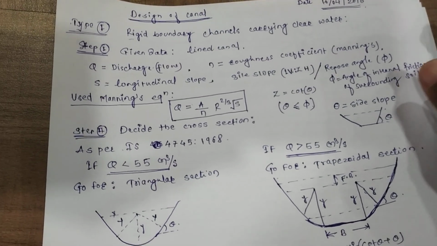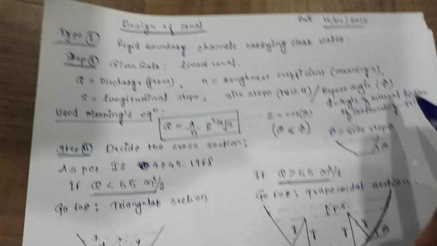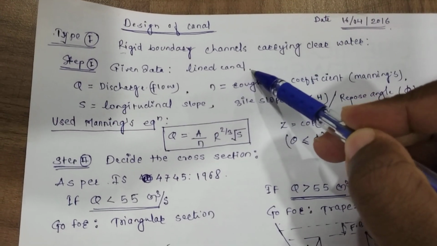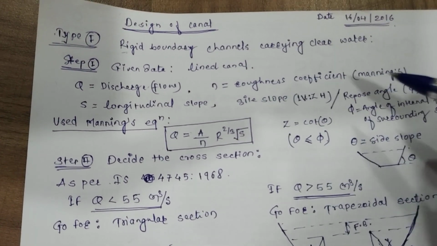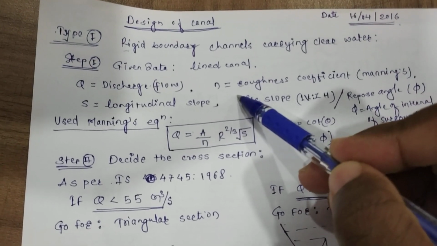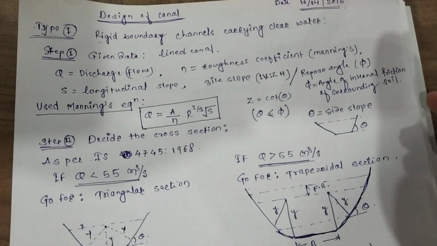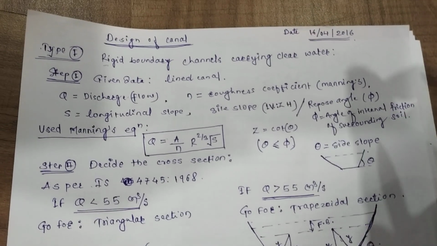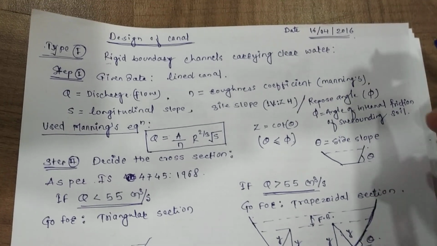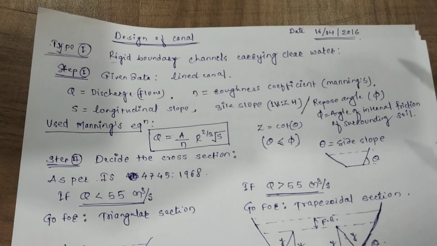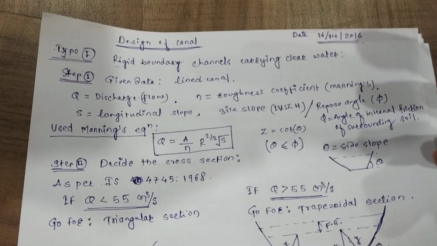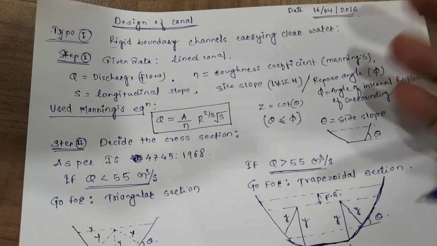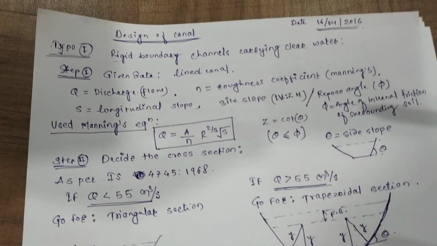So what data do we require for this purpose? First we have to know the lining material. Based on that we can choose the Manning's coefficient, because generally in a rigid boundary channel we assume that the flow is uniform flow, and whatever principles and formulas are applicable for uniform flow, we can easily apply in this condition.